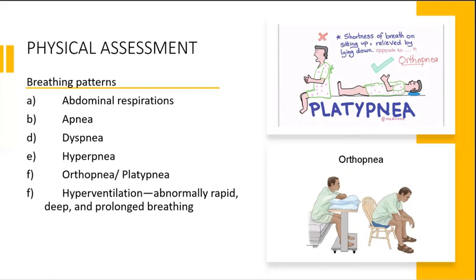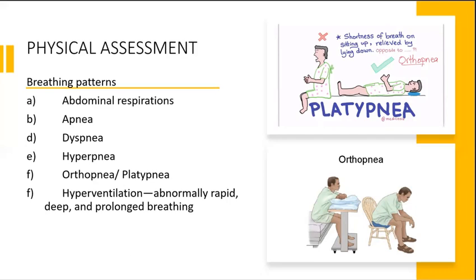And then we also need to know what hyperventilation means. So that would be abnormally rapid, deep, and prolonged breathing. So you hyperventilate by exhaling more than you inhale. And it's usually caused by central nervous system disorders or drugs that increase sensitivity of the respiratory center or even acute anxiety.